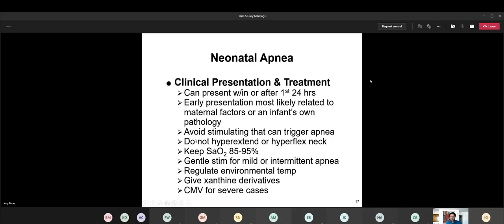Now, when it comes to treatment, it's like a double-edged sword when it comes to A's and B's. A baby who has a lot of A's and B's can sometimes be gently stimulated and he'll start breathing again and his heart rate will go back up. But some premature babies, if you touch them, they stop breathing.